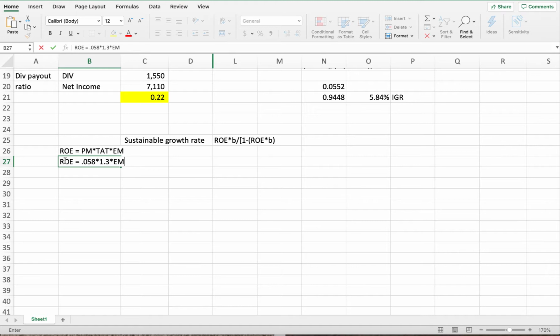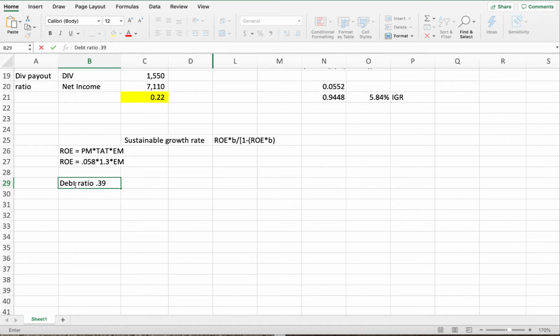I got to figure out what my equity multiplier is, right? Well, I can do that, again, because they give us the debt ratio, right? So they tell us that the debt ratio is 0.39. Okay, cool.